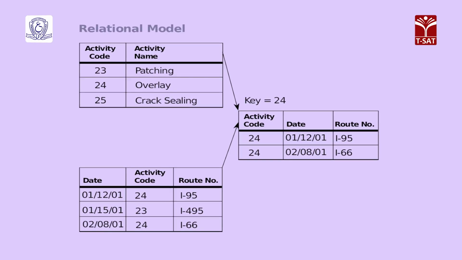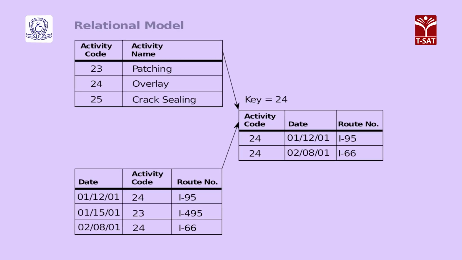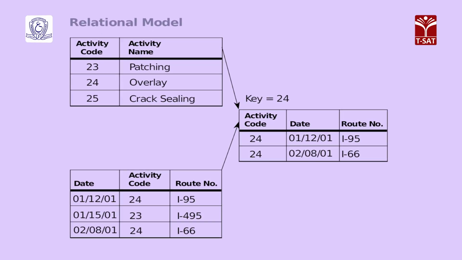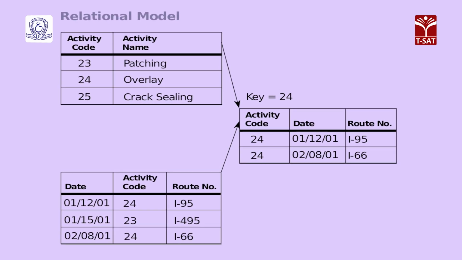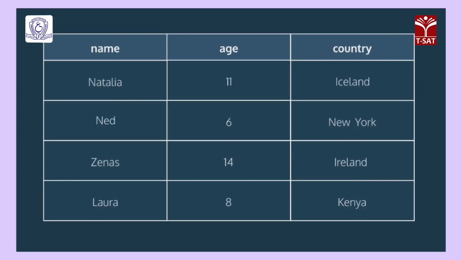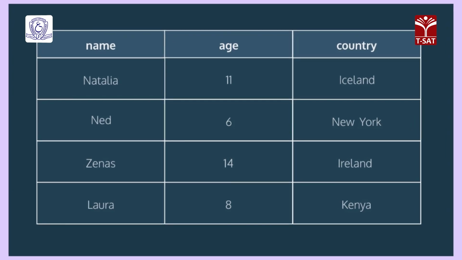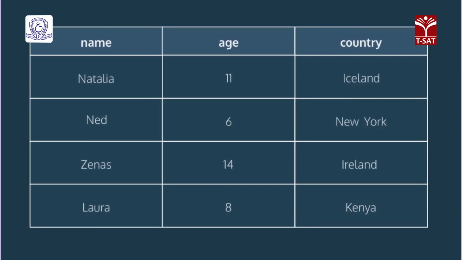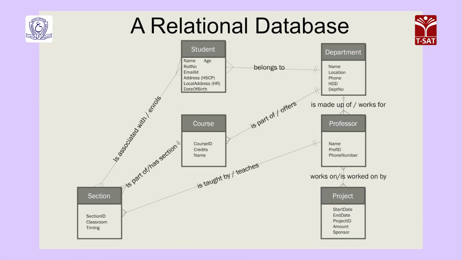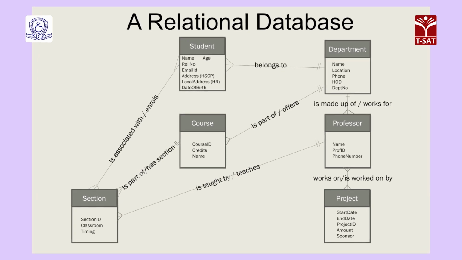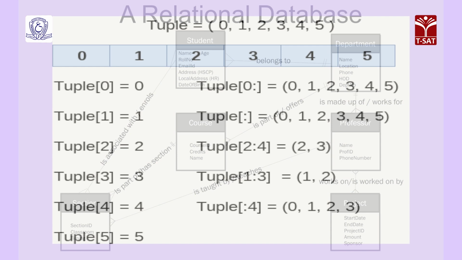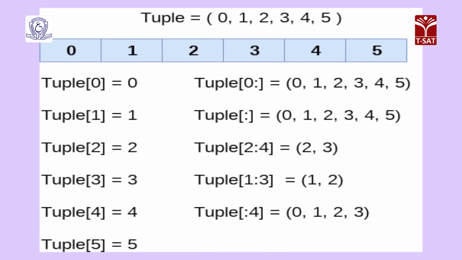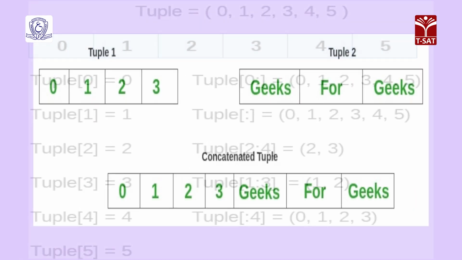Relational database model. The relational model uses a collection of tables to represent both data and relationships among those data. Each table has multiple columns. Each column has a unique name. The data is arranged in a relation, which is visually represented in a two-dimensional table. The data is inserted into the table in the form of tuples.